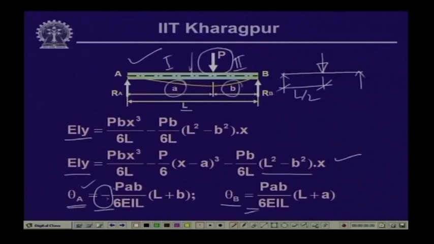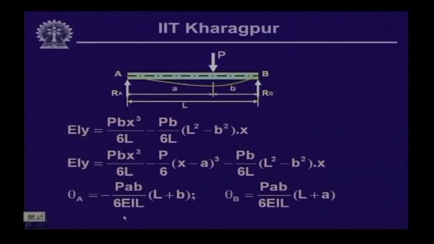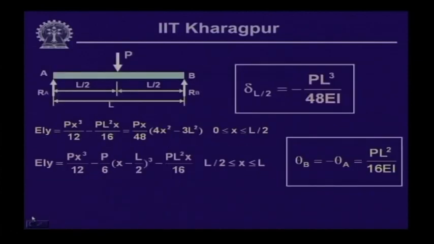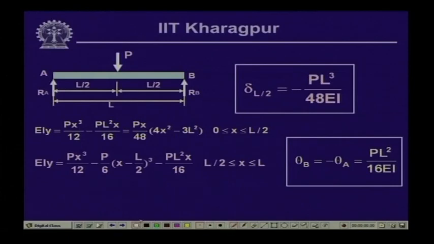If we substitute the values of b and a as L by 2, when the load P is acting at the center of the beam, then a equals L by 2 and b equals L by 2.